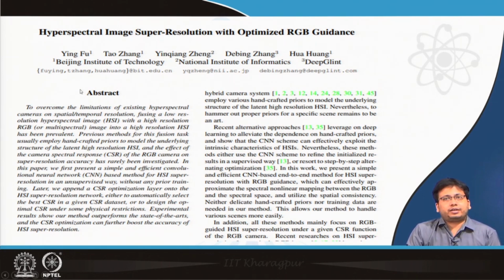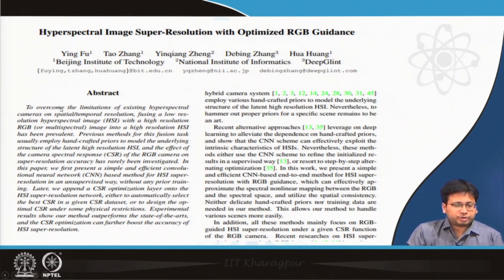You may remember that in one of our earlier lectures we had discussed super resolution when we were talking about downscaling of rainfall. We had talked about models like SRCNN etc., which are used for taking a low resolution map of precipitation and then projecting it to a high resolution map of the same quantity.